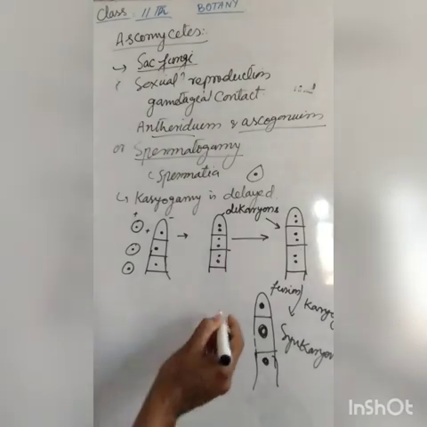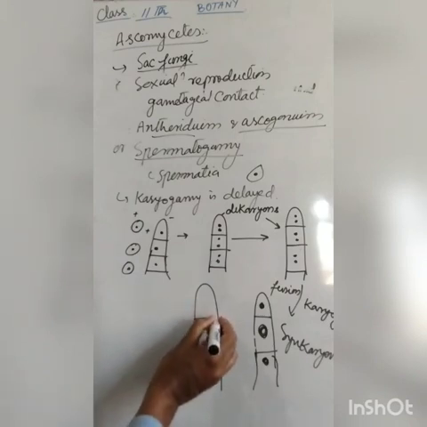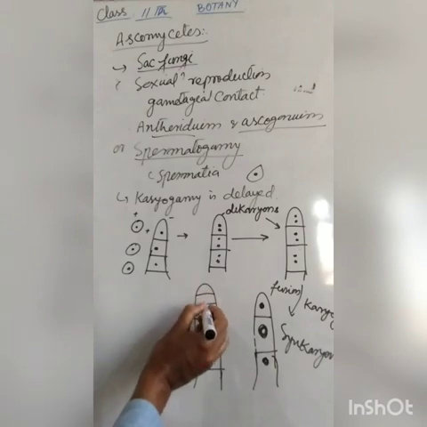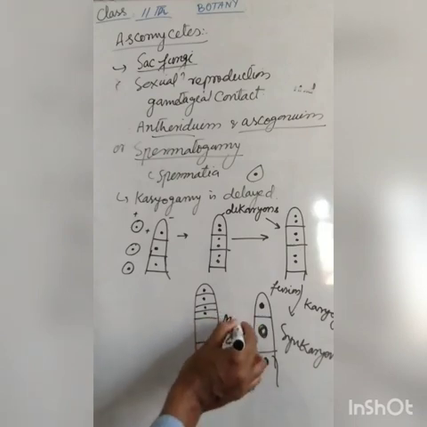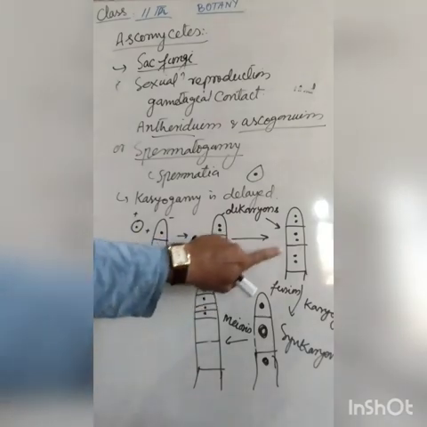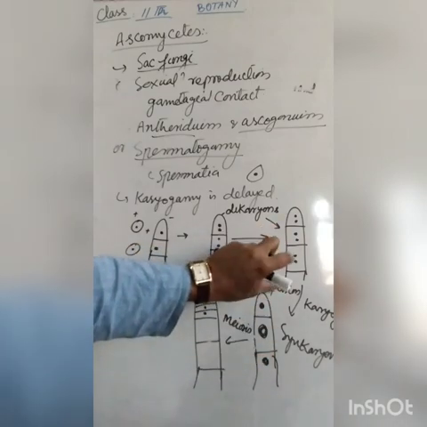Then here occurs the meiosis. In each cell there occurs the meiosis, and it forms the four cells. Meiosis occurs, but this intervening period, this dikaryotic phase and this karyogamy, is delayed.